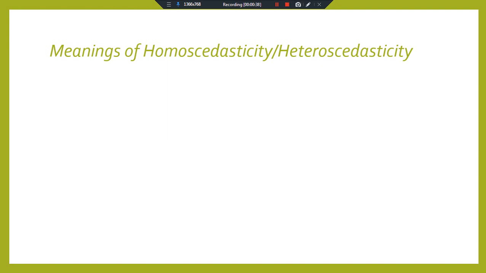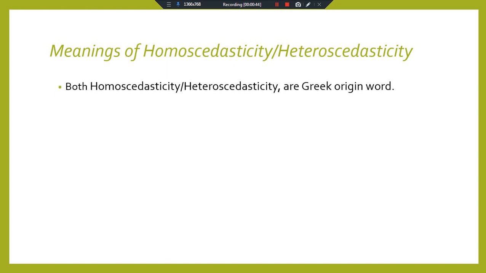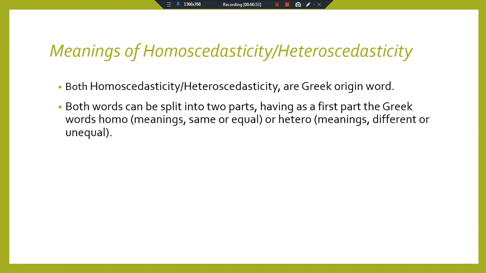Let's first discuss the meaning of homoscedasticity and heteroscedasticity. Both are words of Greek origin, and when we split them into two parts, the first part is the Greek word homo, which means same or equal, and hetero, which means different or unequal.